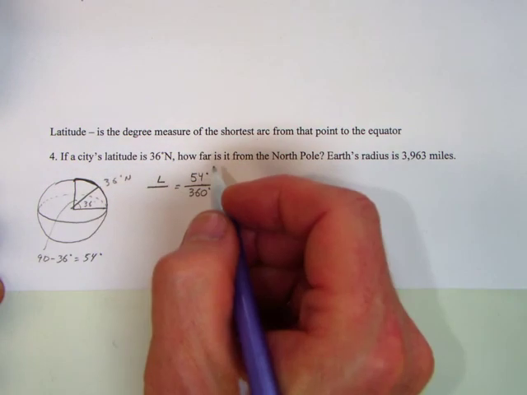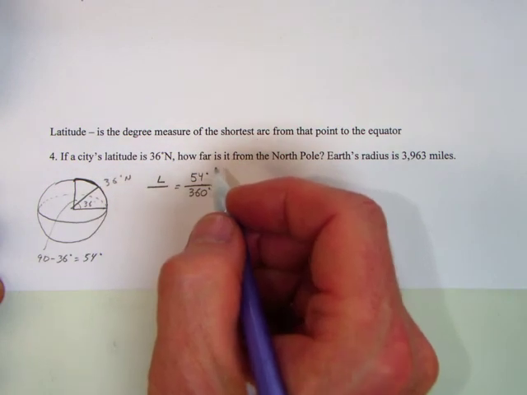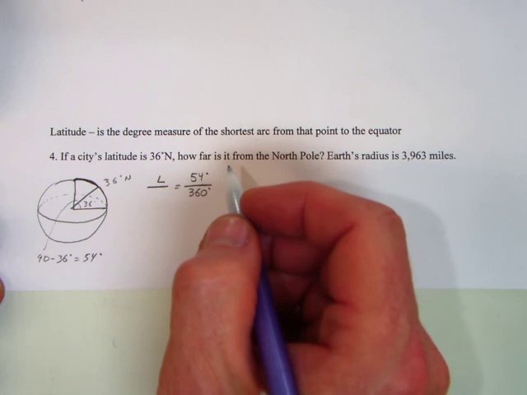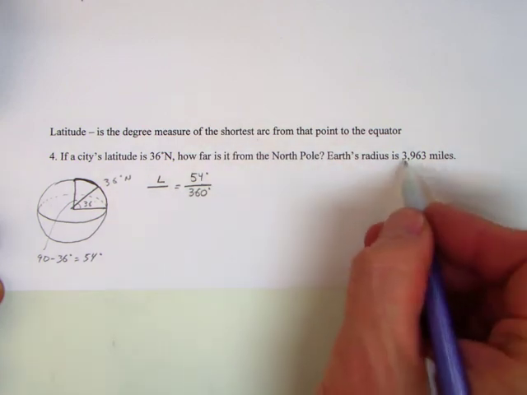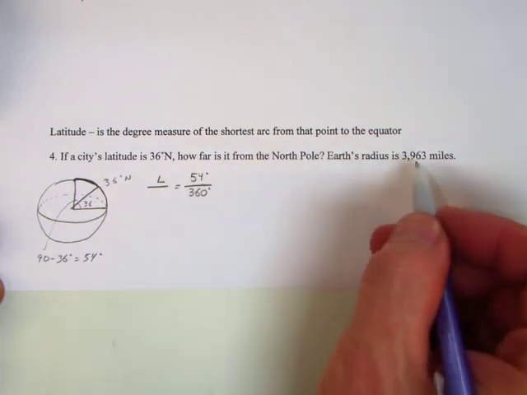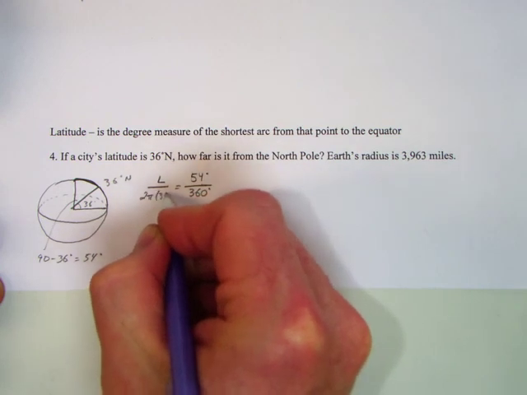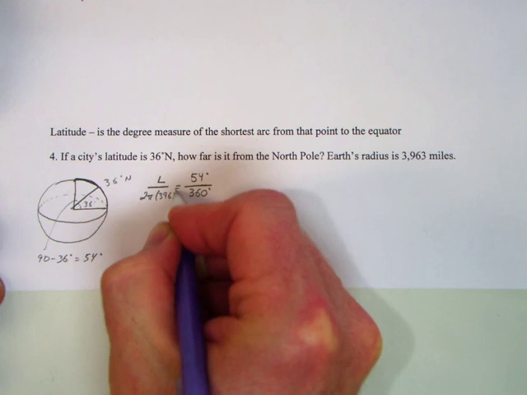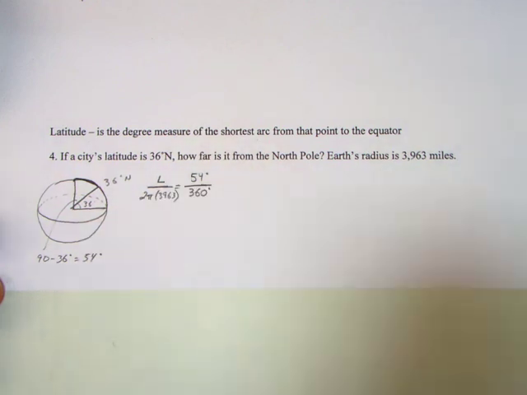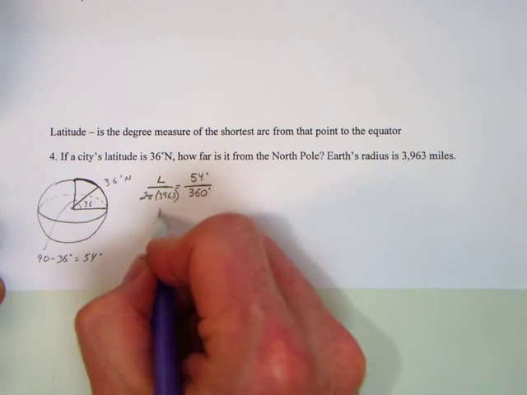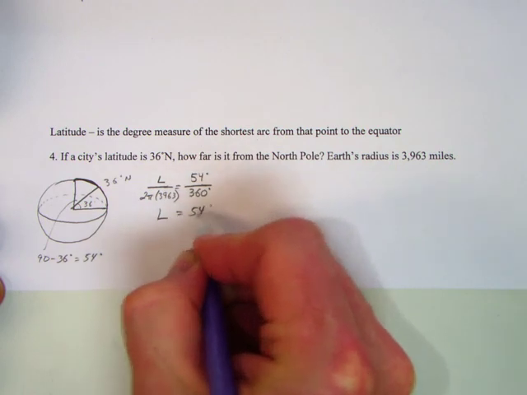And what would that be? That would be 2 pi r. So we would have 2 pi times 3,963 miles. So let's solve for that.